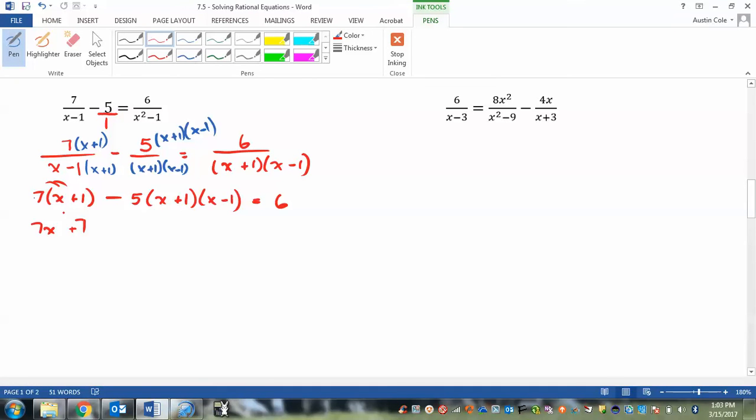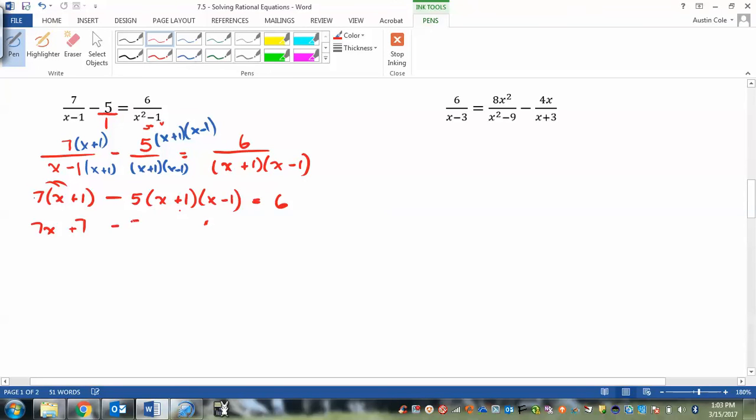Now, we had x squared minus 1, right? And we factored it to be x plus 1, x minus 1. So when I FOIL those, x squared minus 1, right? Let's use our resources there.